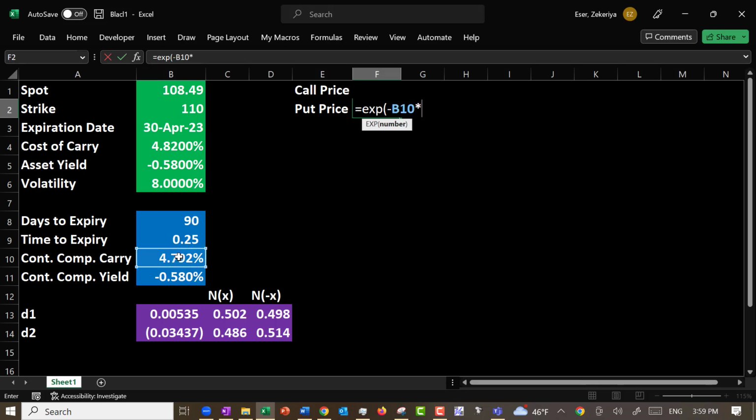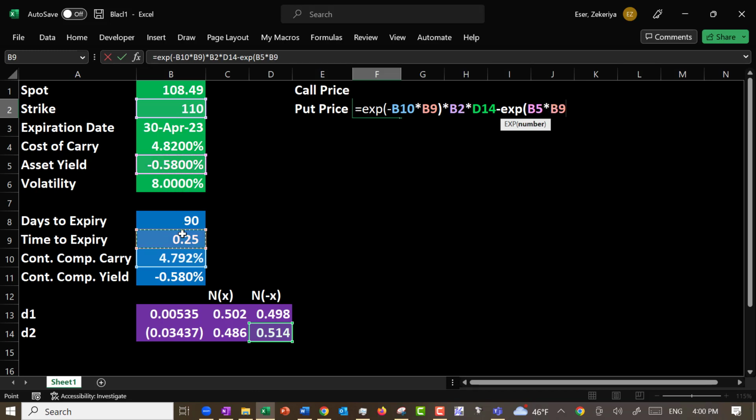Cherry times time times strike times N of minus d2, which is this one, spot times N of minus d1.